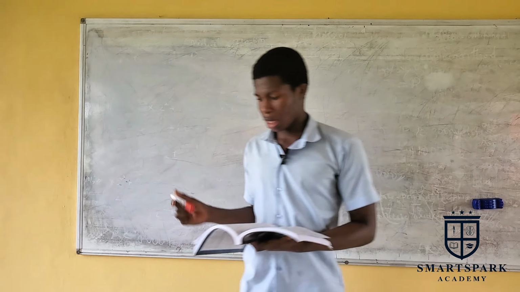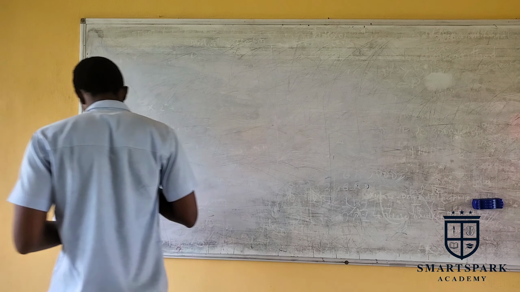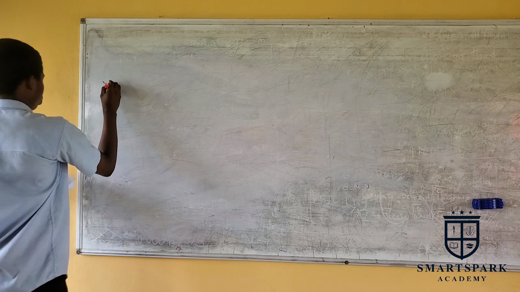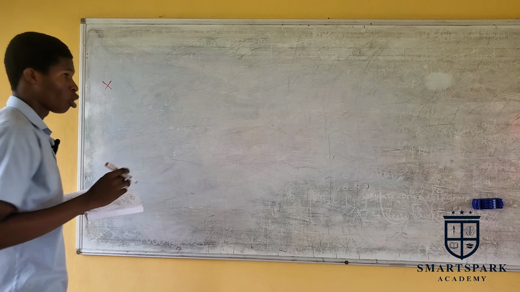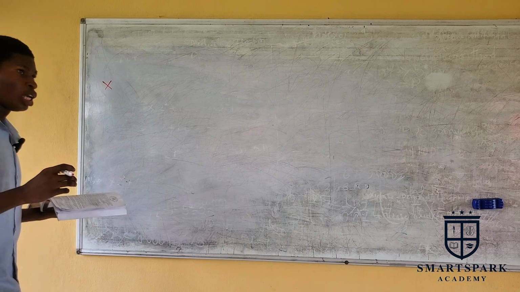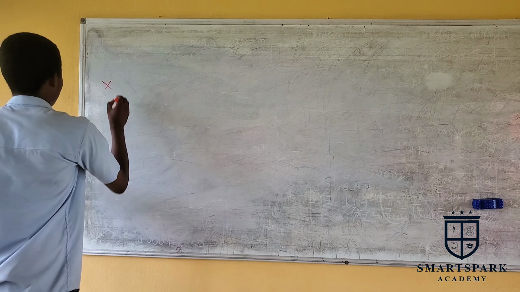Now we are going to write out all the values for x. All the values for x are perfect squares less than 40. So all the numbers that when you multiply them by themselves give values from 1 to 40. So 1 is a perfect square.